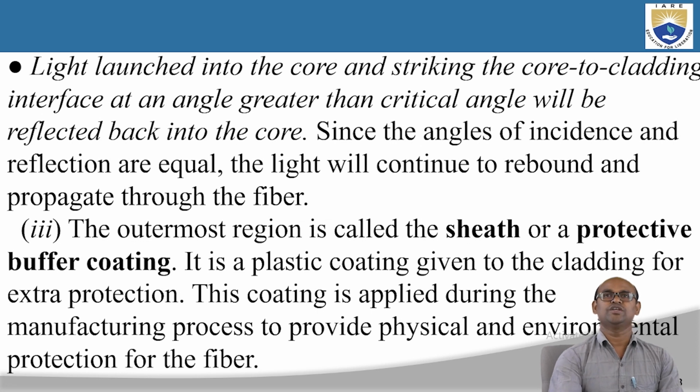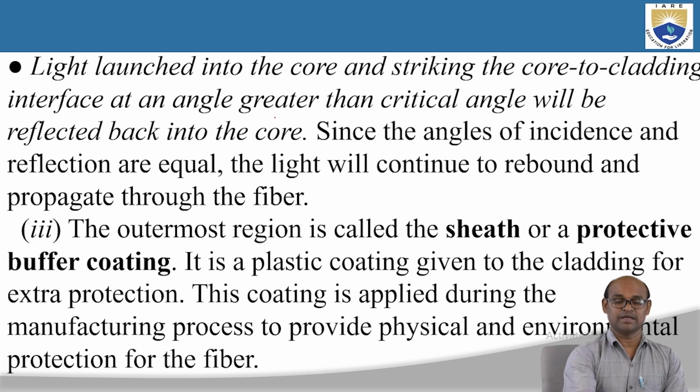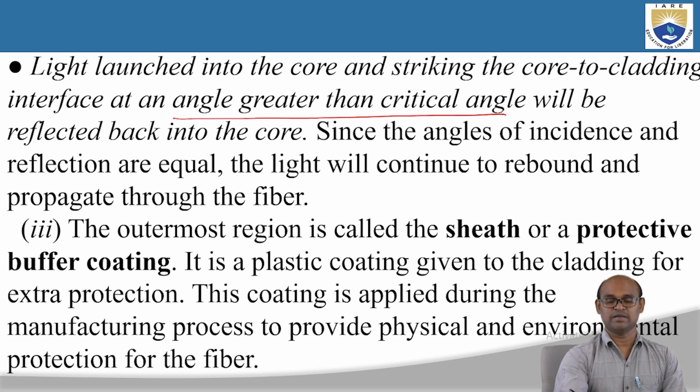Light launched into the core and striking the core-cladding interface at an angle greater than the critical angle will be reflected back into the core. So the angle of incidence theta I must be greater than the critical angle.